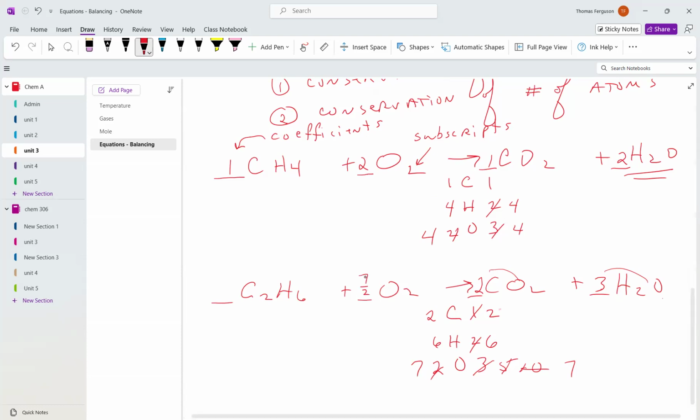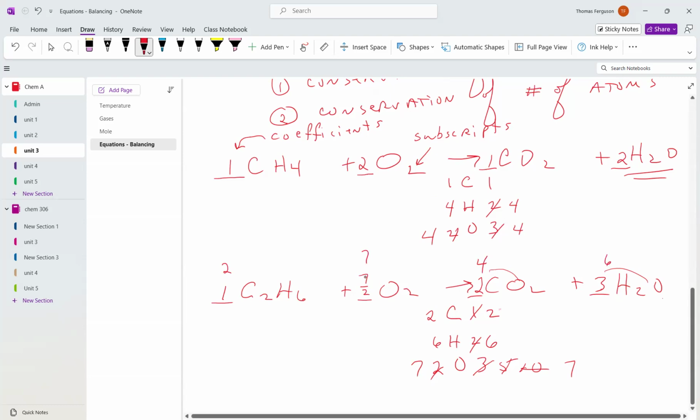Now, repeating what he just said, what if we just double everything right now? What's going to happen? Well, 2 times 1 is what? 2. 2 times 7 over 2 is what? 7. 2 times 2 is 4. 2 times 3 is 6.